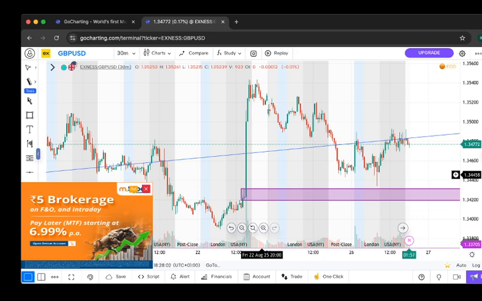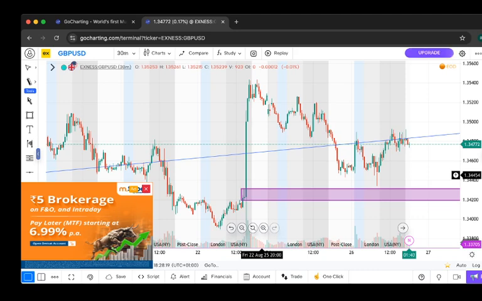Then you wait for confirmation, right? You watch how price reacts once it gets to this zone.